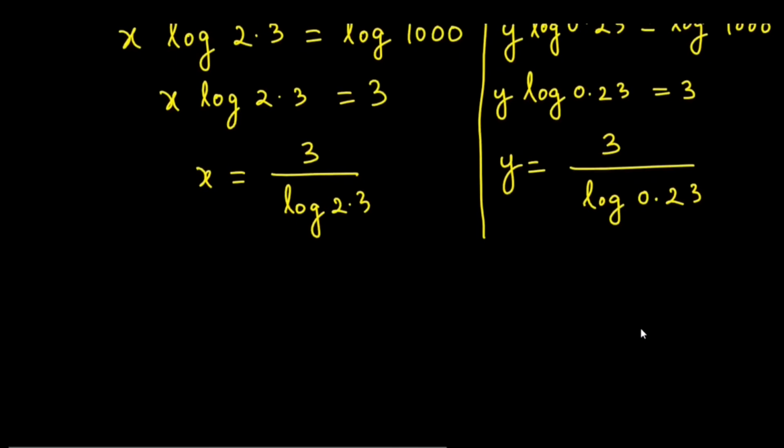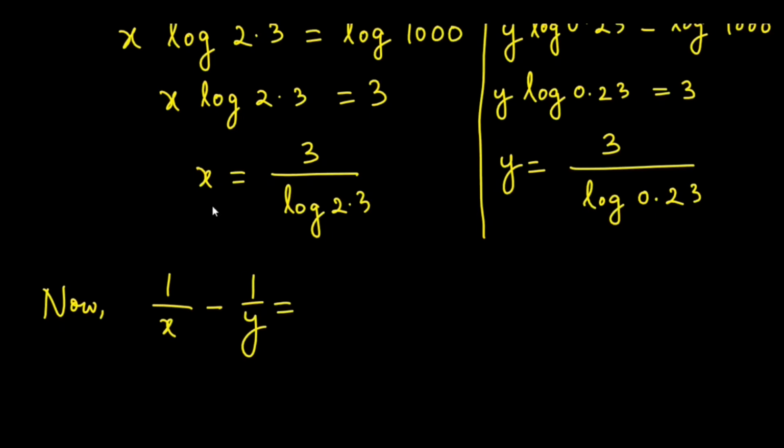Now what do we want? Let us calculate 1 by x minus 1 by y. We are able to calculate x and y values here. Here x is 3 by log 2.3, so 1 by x is log 2.3 by 3.